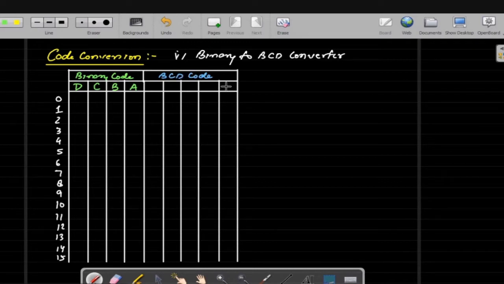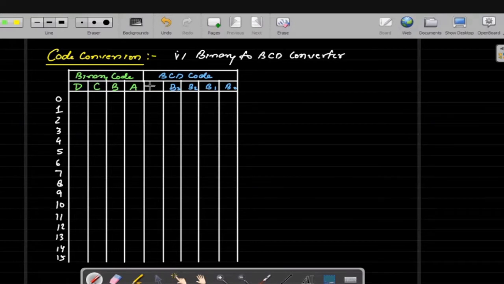Starting from the LSB, we'll start with B0, B1, B2, and B3. So we are representing the general alphabet for the binary, and the symbol B0, B1, B2, B3 for the BCD code.